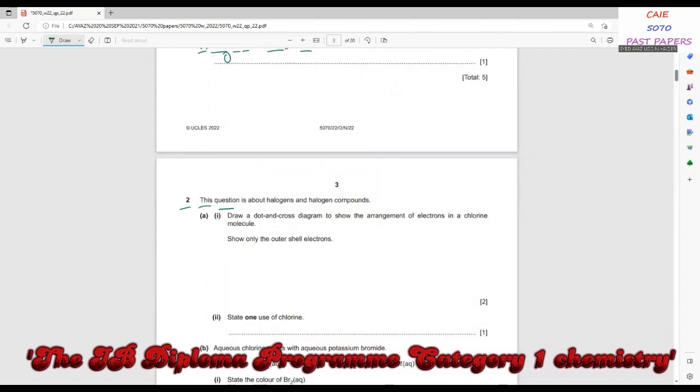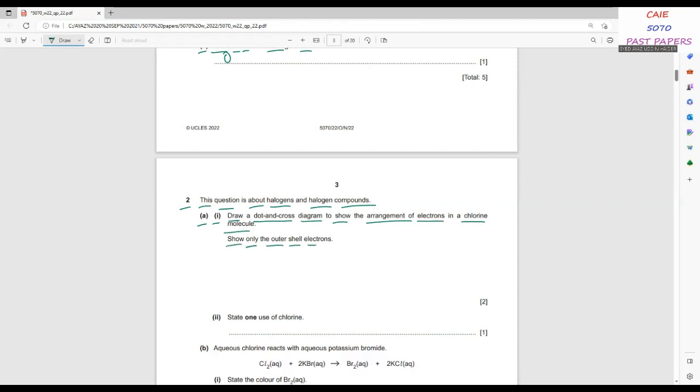Number 2. This question is about halogens and halogen compounds. A1. Draw a dot and cross diagram to show the arrangement of electrons in a chlorine molecule. Show only the outer shell electrons. You don't need to show the key in this case because you have atoms of the same element. We know that chlorine molecule has a formula Cl2.